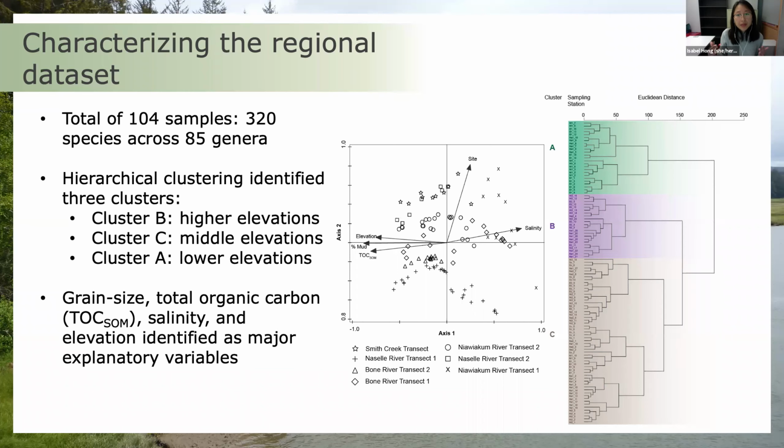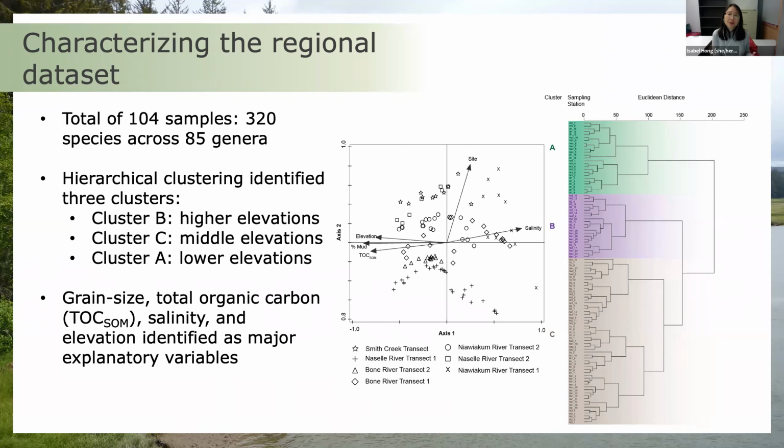And then the results of the sample environment biplot that you see here, with each of the symbols indicating a single sampling transect, is that we found that a lot of these environmental variables seemed to closely parallel axis 1, with grain size, shown here as percentage of mud, being the environmental vector that most closely paralleled axis 1.